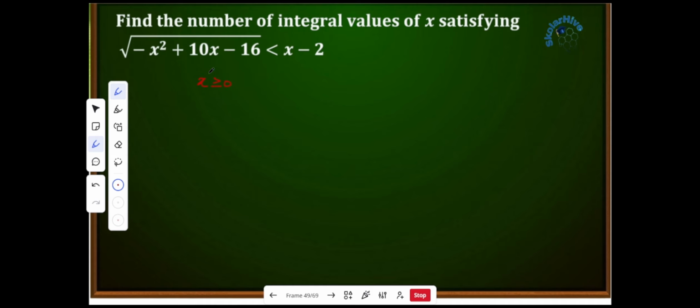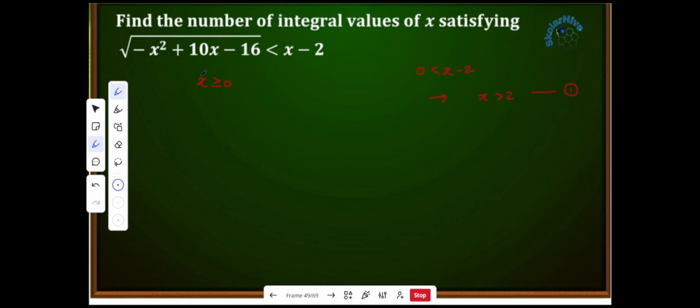If it is equal to 0, the square root will be 0, then the right expression x minus 2 will be bigger than 0, and from here you can find that x will be greater than 2. So this is one result we got over here.